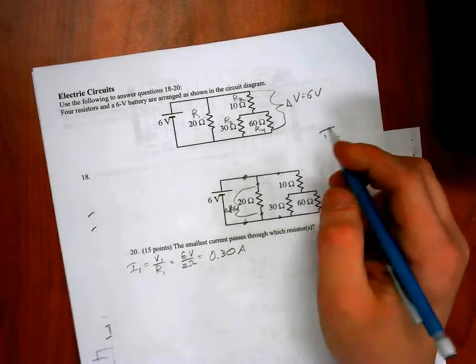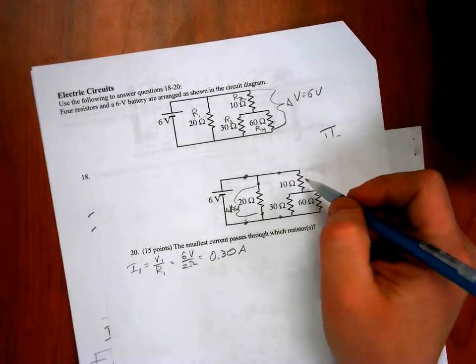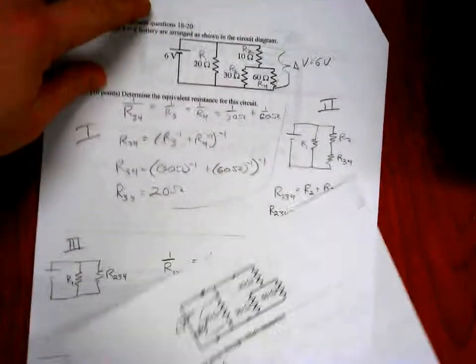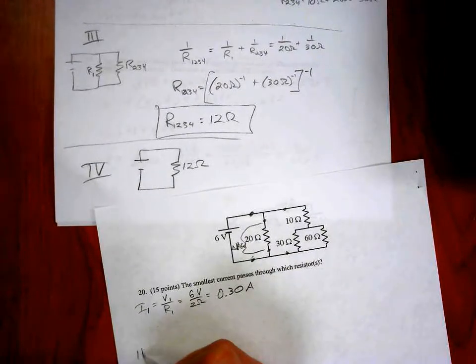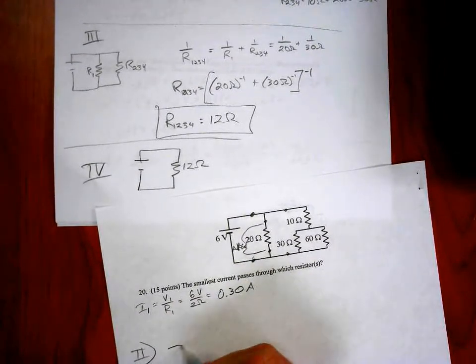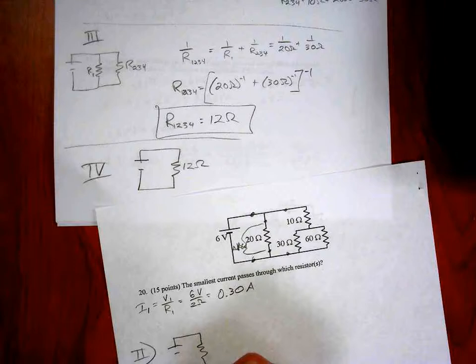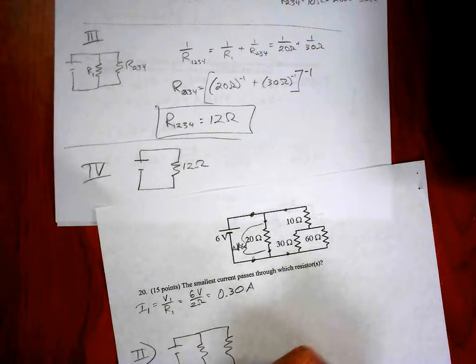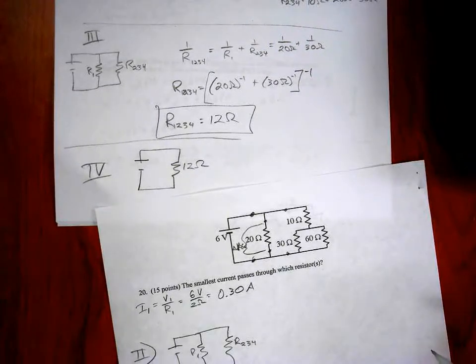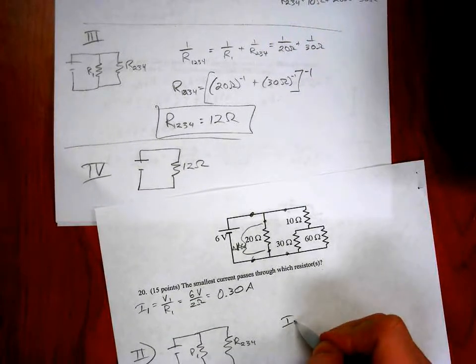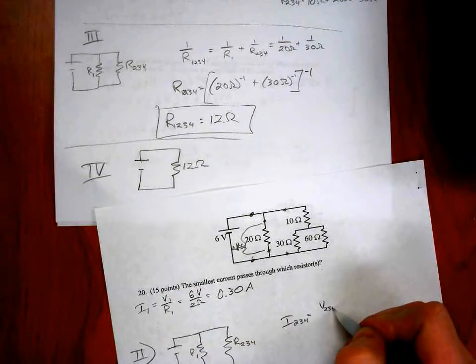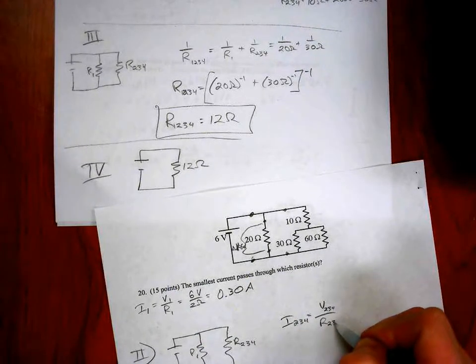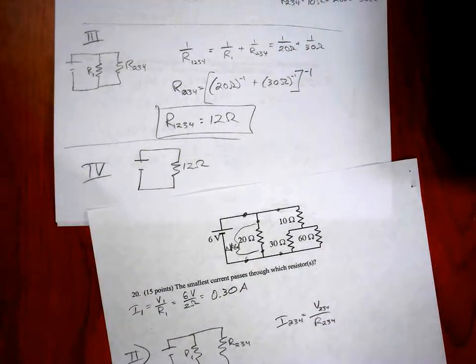We also can go back to, let's see, which one am I going to call it? R234. Let's go back to number 2. This is R1, this is R234. Okay, so I234 is going to equal the voltage drop across R234 over the resistance of R234.